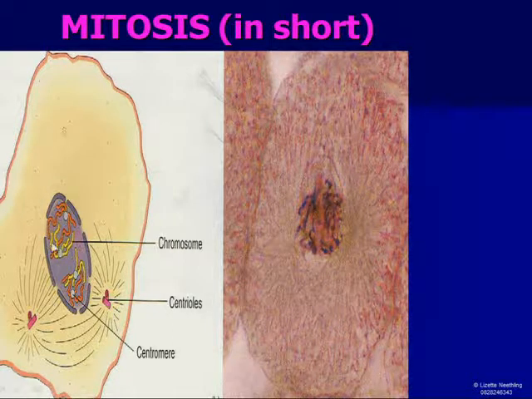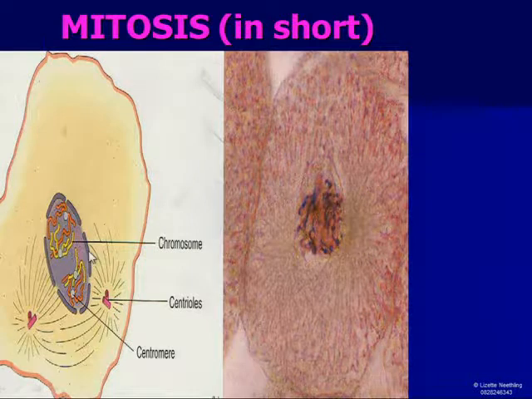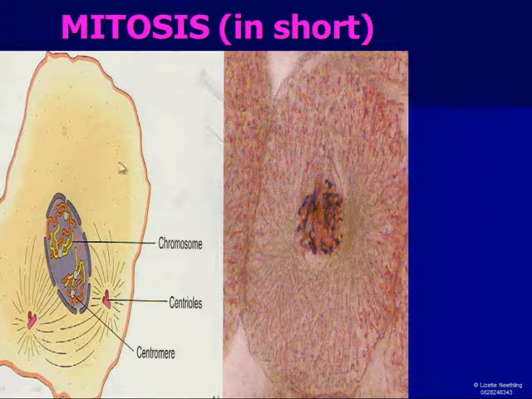Now, you can see the chromosomes there. There's the centromere connecting them. And then you can see this. You must know, although the label isn't there, it's a nuclear membrane. There are my centrioles dividing. That's the cell membrane.